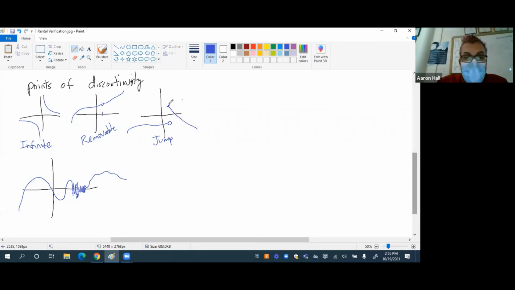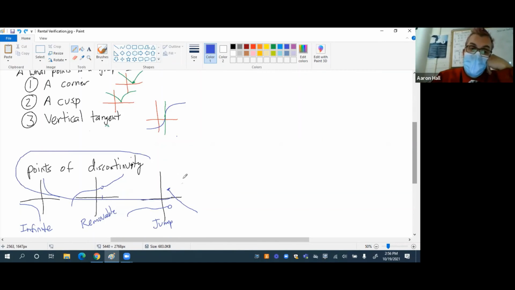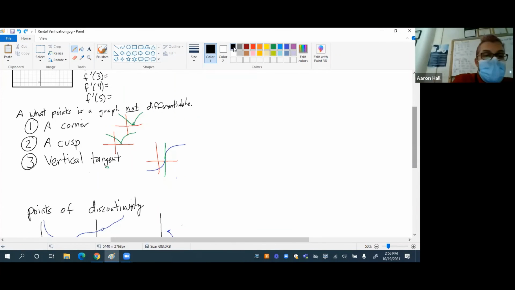Do I have a slope at whatever x value this is? No. Do I have a slope in here somewhere? No. So my fourth reason for a point that is not differentiable is what? Points that are what? Discontinuous. Yep. So any discontinuous point.